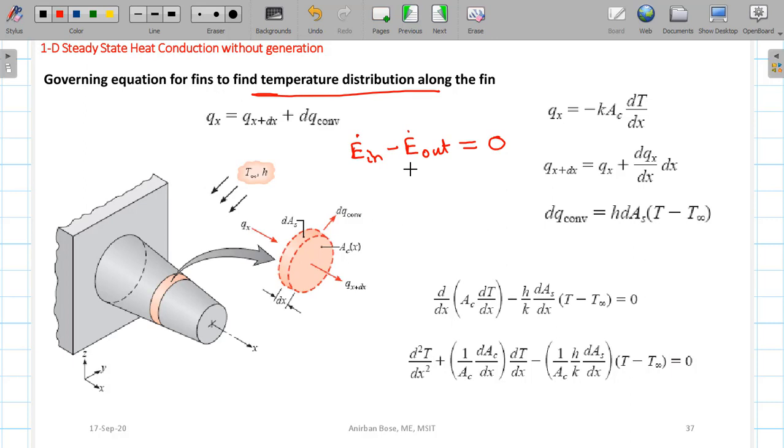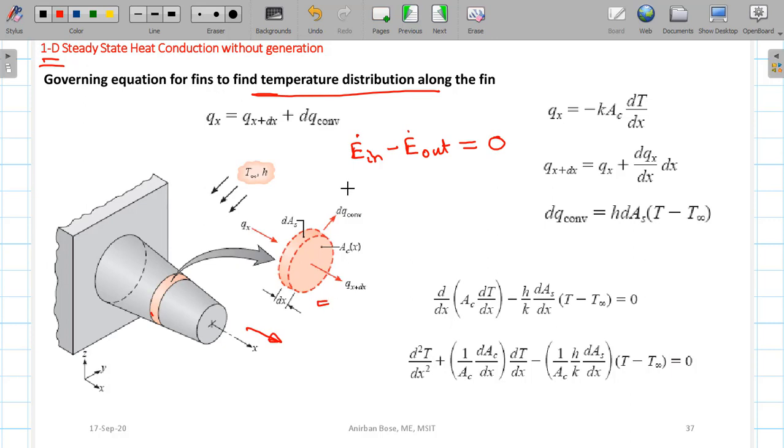So now you take a very small control volume. As you can see in the picture, we have taken a small control volume that is shown by this orange color, and here that control volume is shown in a magnified way. With this control volume, if you see the E dot in and E dot out, it is clear that along the x direction, as we are again considering the one dimensional situation, that means only in one direction the heat transfer is important.